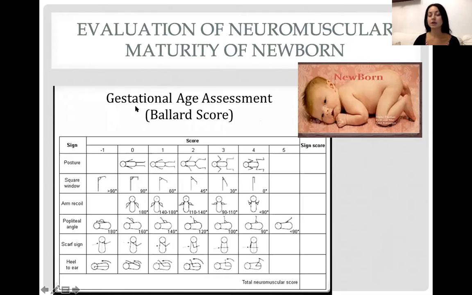So how do we evaluate a child's neuromuscular maturity according to the Ballard score? We evaluate some specific signs like posture, square window, arm recoil, popliteal angle, scarf sign, heel to ear. These signs are evaluated according to the score, and in the picture you can understand the way we evaluate. So we look at posture first.